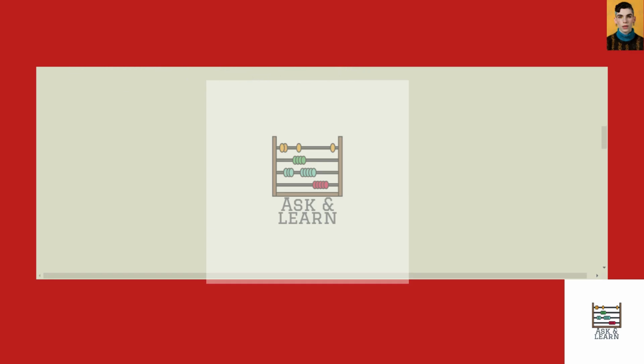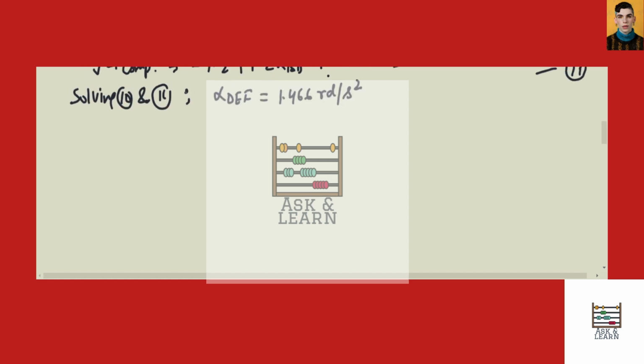Now, one of the answers you have to write directly: acceleration of F. Acceleration of F can be written as acceleration of E plus alpha DEF cross r_FE vector minus omega square DEF r_FE vector.